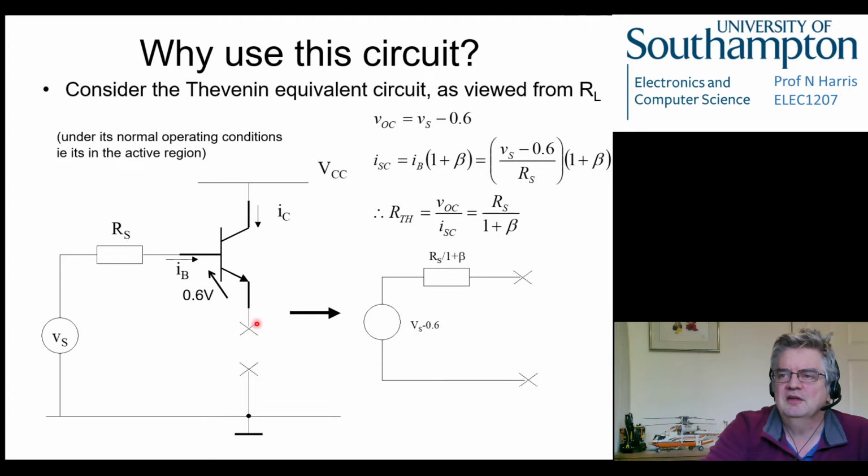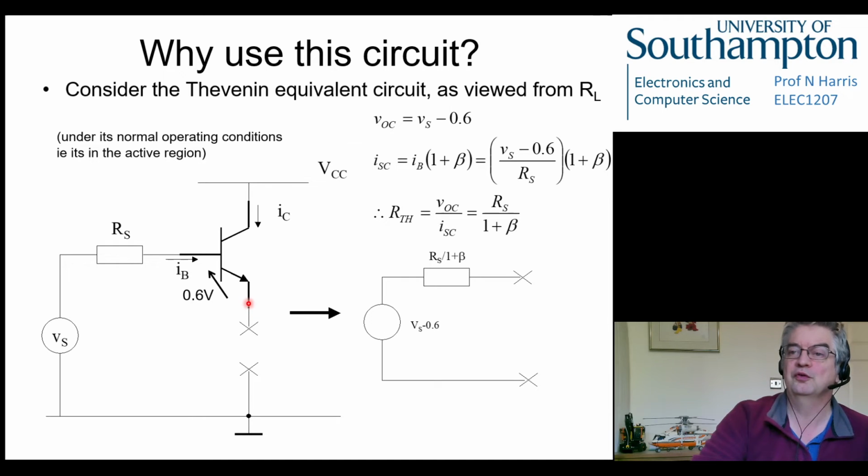Okay, so we're looking into here. We look at the open circuit voltage. If we were looking into here, and we would say if we could break this circuit and still have things flowing, we would look into here and we'd say we can see Vs minus 0.6. So that's our open circuit voltage if we could measure that. Okay, this is a thought experiment.